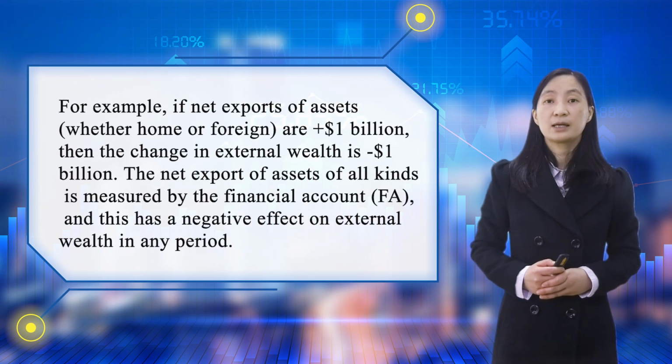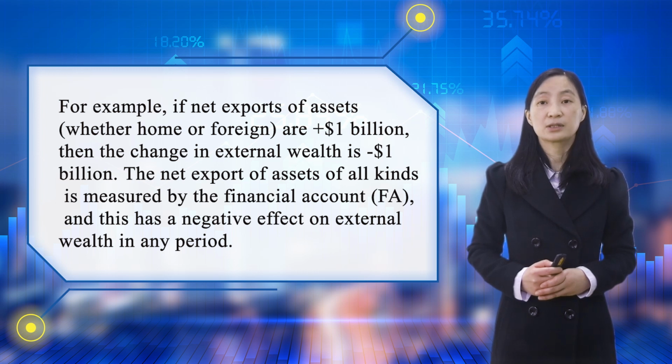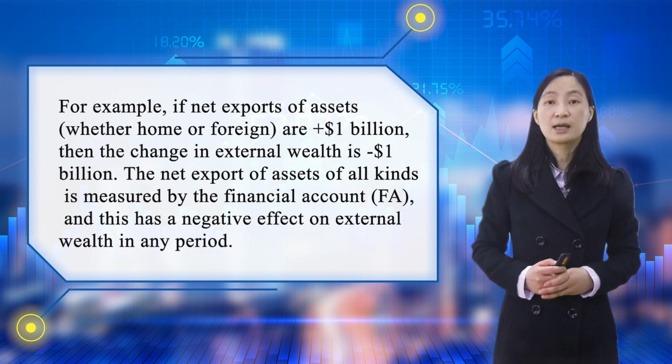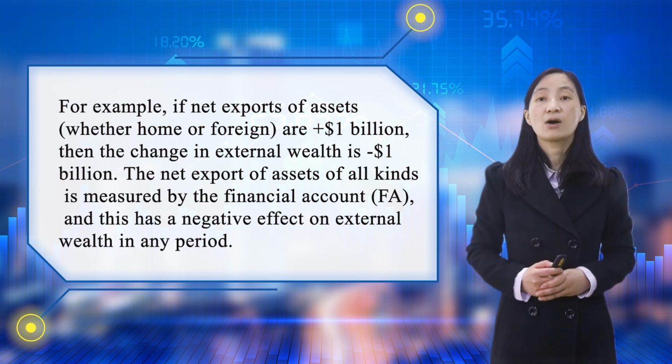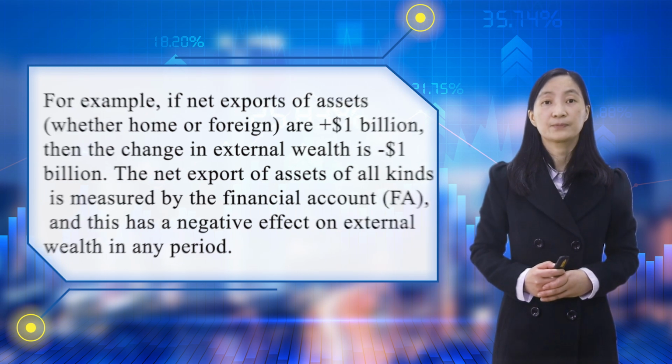For example, if net exports of assets, whether home or foreign, are $1 billion, then the change in external wealth is minus $1 billion. The net export of assets of all kinds is measured by the financial account, FA, and this has a negative effect on external wealth in any period.